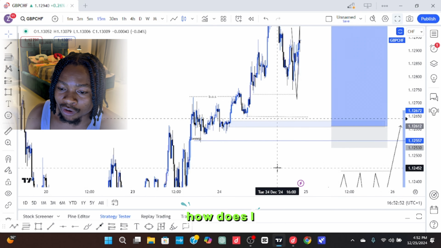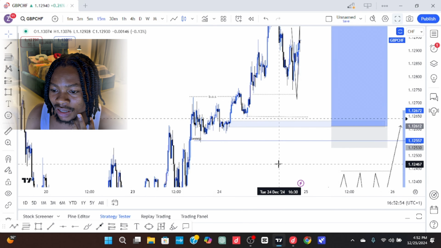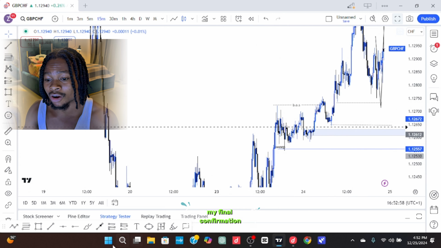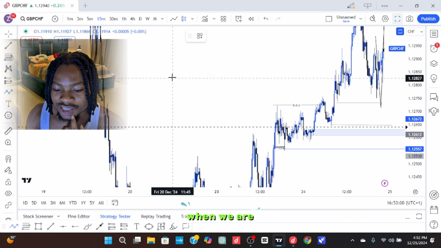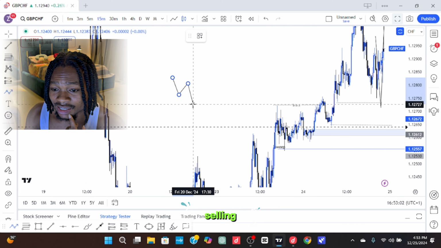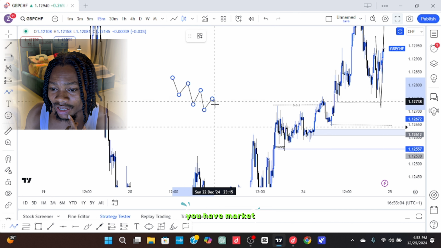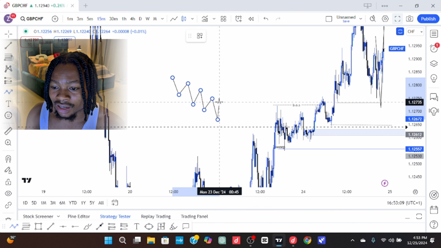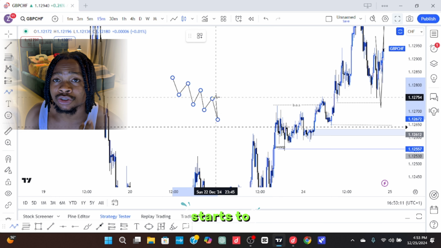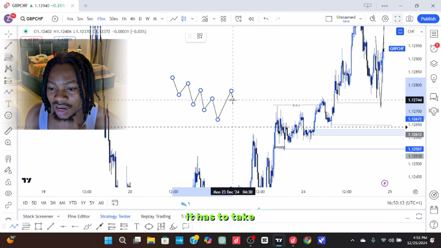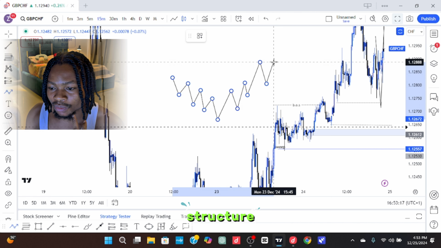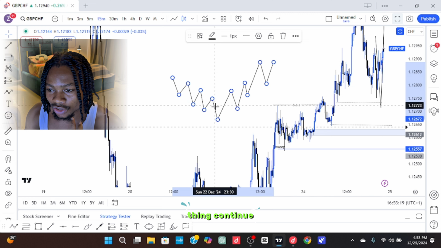How do I confirm a structure like this? When market is selling, you have market going to the downside. This happens on the 1 minute. Now when market starts to buy as well, it has to take out that high that led to the low and then form another structure, and the same thing continues to happen.